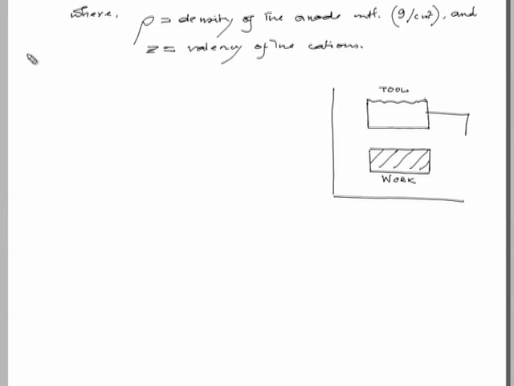They are being connected to an external source of voltage V with appropriate polarity, and this is the flow velocity of the electrolyte. This we can say electrolyte flow, and these two electrodes are separated by a distance y.